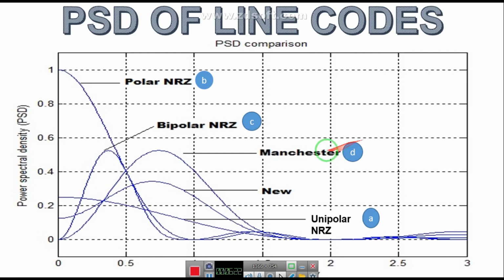So basically, if this Manchester signal is transmitted through an ideal low pass filter with a cutoff frequency of 2 FB, then about 95% of the power would be transmitted. But if this cutoff frequency is reduced to FB, now what is it?